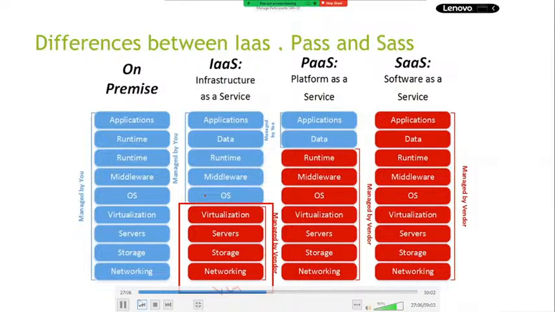Some projects may require 5 servers with Windows operating system, and another project would like to deploy 5 servers with Linux operating system. You can choose the operating system based on the type of application you would like to host, then go ahead and host it. That is about Infrastructure as a Service.